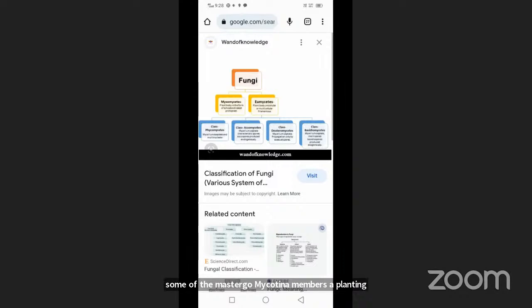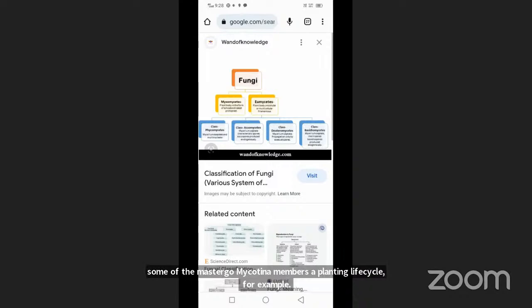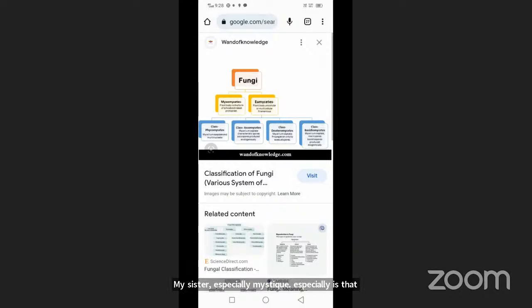Next one is the diplontic life cycle. Also, they can be seen in some Oomycetes members, where the cell wall is made of glucans plus cellulose. The Oomycetes members have a cell wall made of cellulose, and the mycelium is diplontic. The diplontic life cycle is seen in some examples such as yeast.